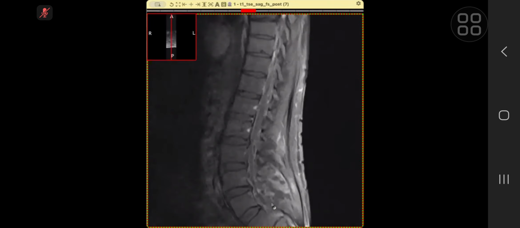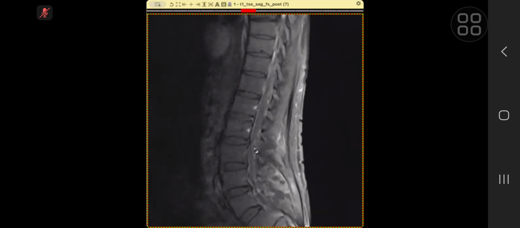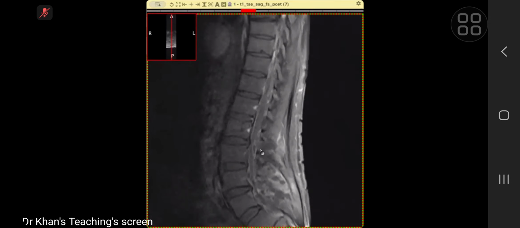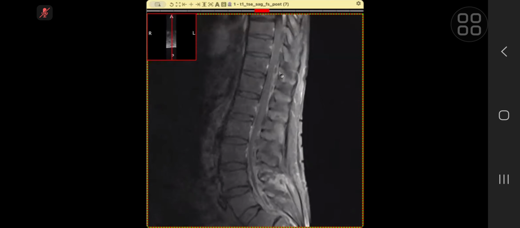But whenever you see marginal enhancement with necrosis, it means this is an abscess. So for example, here is an abscess. Look here, there is an abscess sitting here. And then look more superiorly. Here you are. There is an abscess sitting here. There is an abscess sitting here. So everything is on fire.